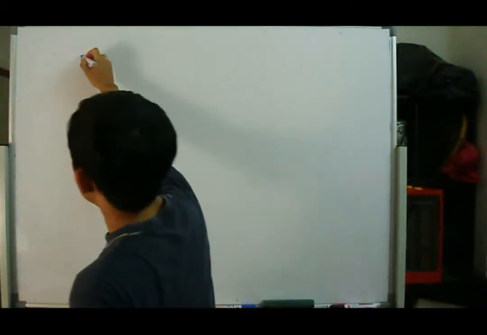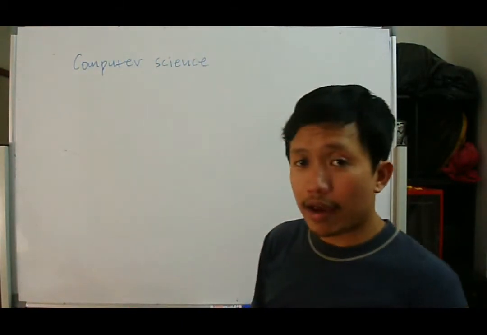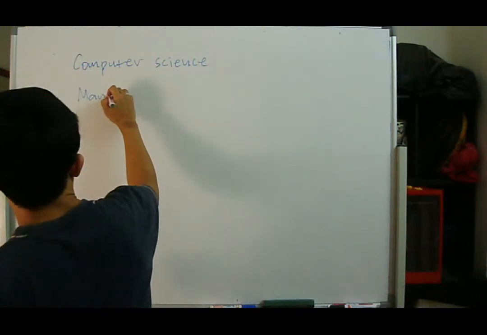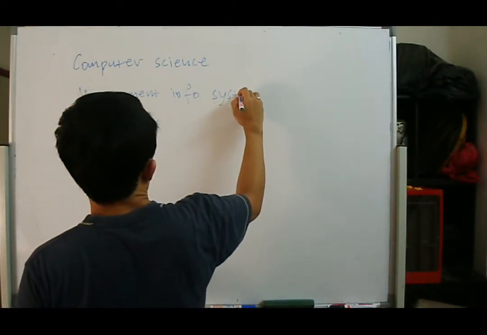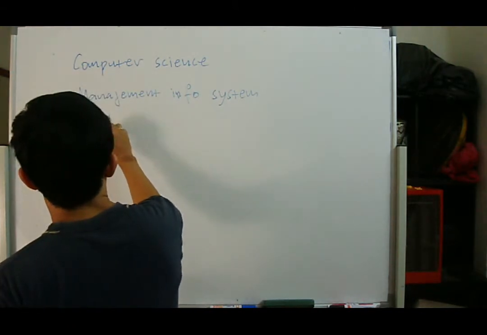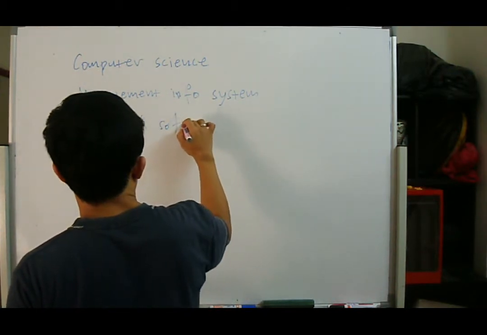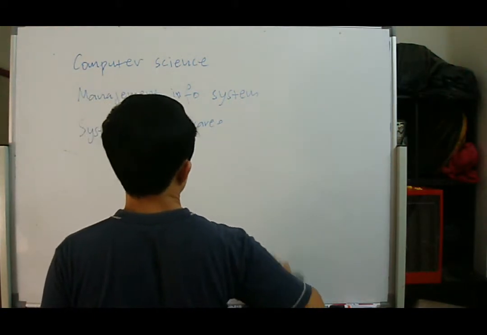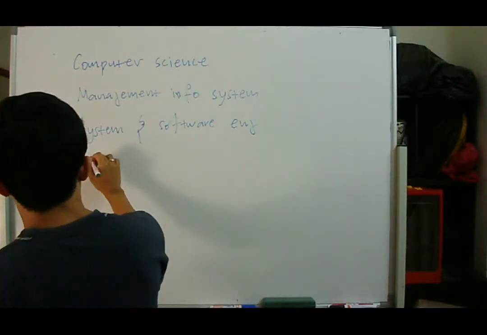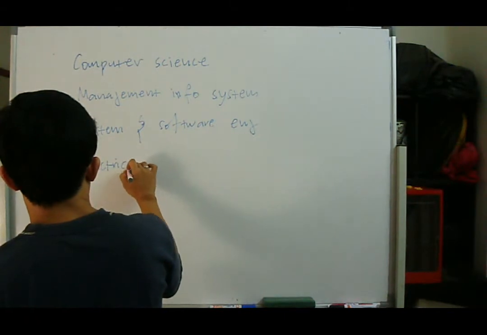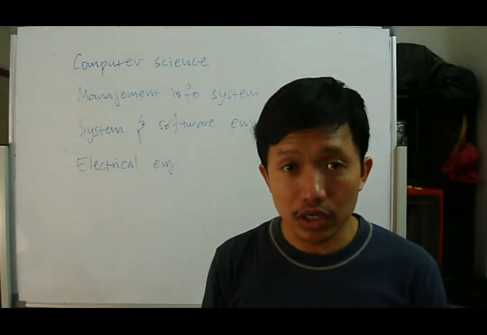We have computer science, we have management information system, we have system and software engineering, and then we have electrical engineering, which is later called computer engineering specifically.